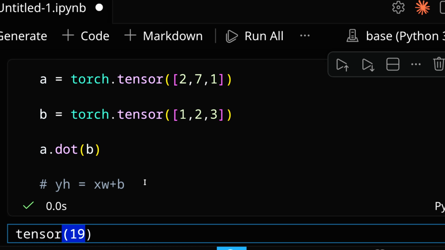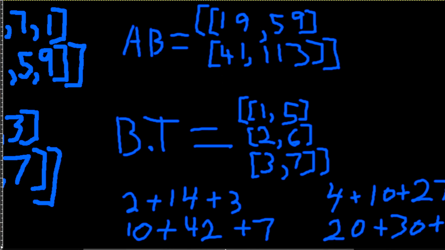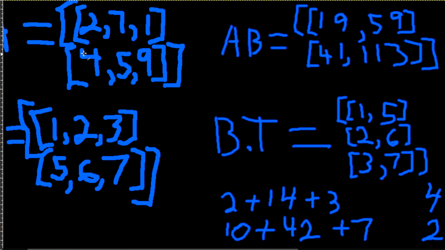So that's how to do dot products, and dot products combined together is what matrix multiplication is. So remember, grab this first row, rotate it 90 degrees and matrix multiply with the first column of the transpose of B. Notice doing 2, 7, 1 multiplied with this element-wise: 2 times 1 is 2, 7 times 2 is 14, 1 times 3 is 3.